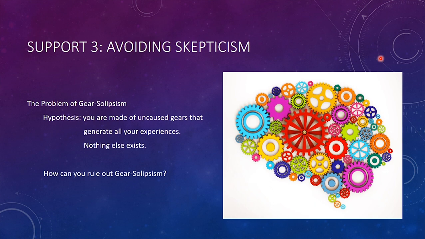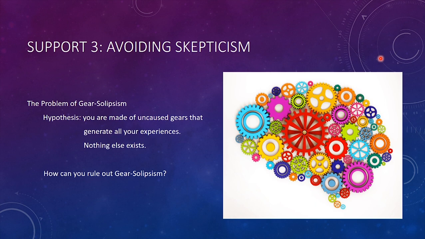One kind of response is to try to argue that the best explanation of your experiences is not going to be in terms of gears that just came into being uncaused. But this kind of response assumes that the best explanation is more likely than no explanation. Why think that? Why think the best explanation is more likely than no explanation?